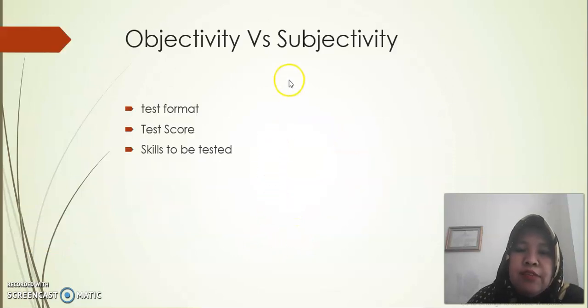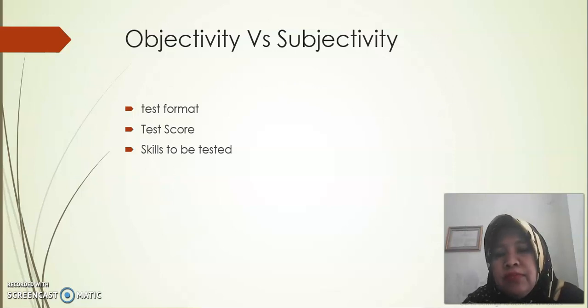Okay, the first term is objectivity versus subjectivity. These two terms are different in terms of test format, test score, and skills to be tested.